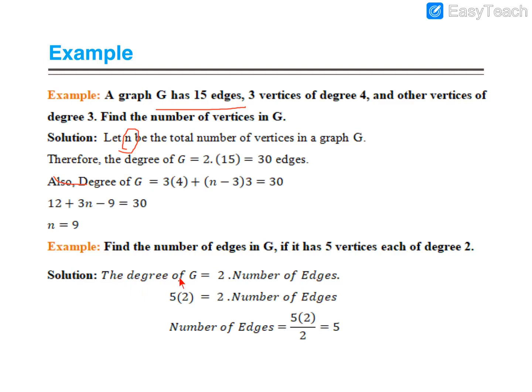Here 5 vertices each of degree 2, therefore the degree sum of G is 5 into 2, which is equal to 2 into the number of edges. After simplification, we get the number of edges is 5 into 2 divided by 2, which is equal to 5. So there are a total of 5 edges in the given graph G.